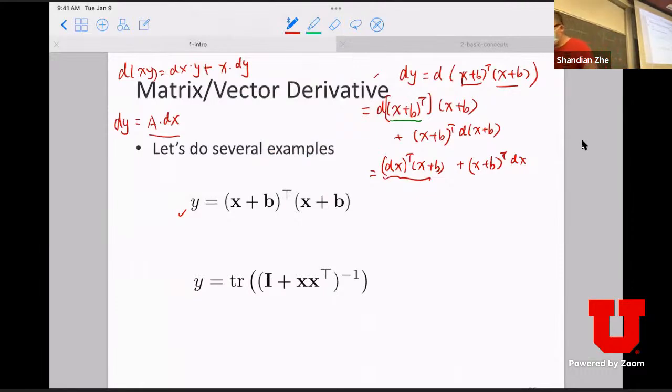So I can instead take the transpose of the scalar. The transpose of a scalar is the scalar itself. So if I take the transpose of the scalar, it will be x plus b transpose dx. They are the same thing because they are just a number. And then I add up the second term. So what do we get?